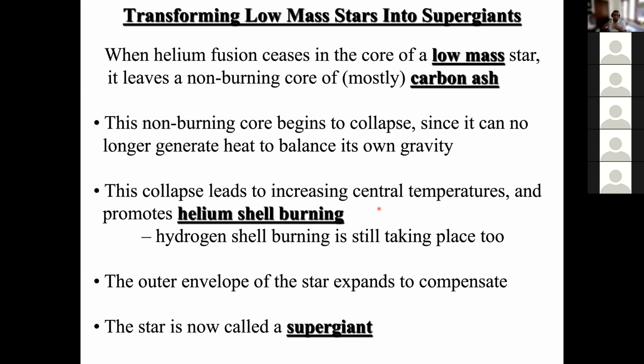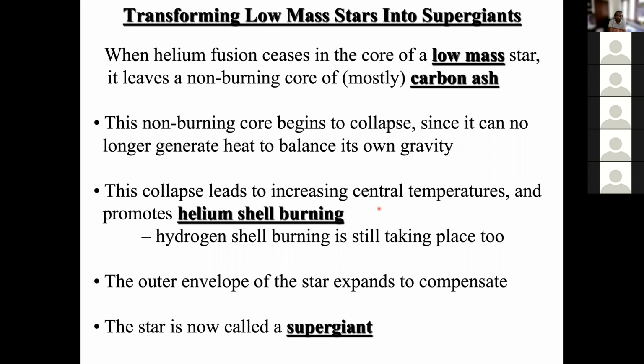Now, when the star starts to collapse, you know that it will lead to an increase of the central temperature, right? When something is collapsing towards the central region, the center itself will increase its temperature, and this increase of the temperature will affect this outer helium shell, right? Remember that we are talking about the central region where you have carbon ash, but at the same time there is the helium shell outside.